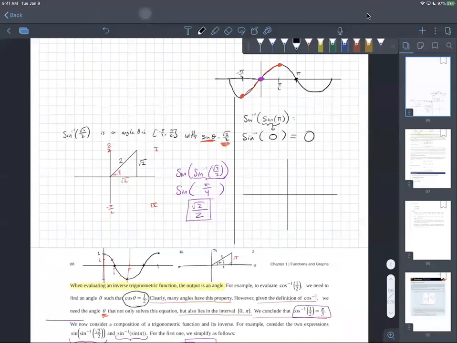And you can see that, well, wait a minute. We applied the sine inverse to the sine of pi, which was being applied to pi. Why did we not get pi? Why did these not cancel and give us pi, but instead we ended up getting 0 as our answer?